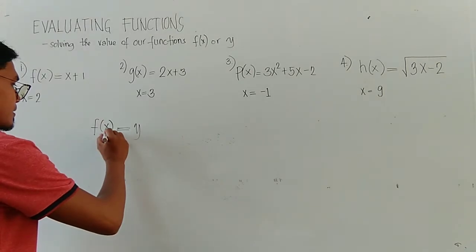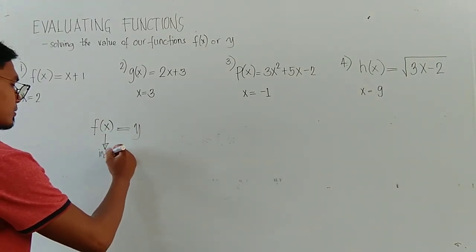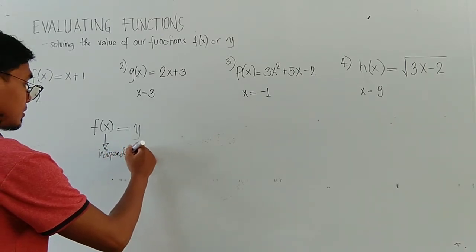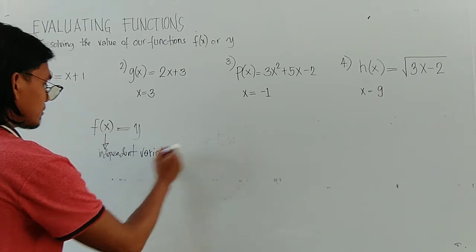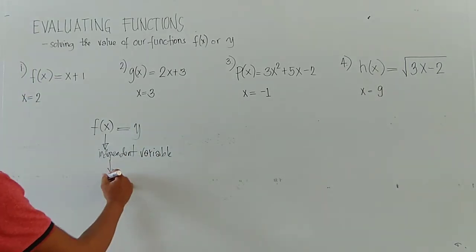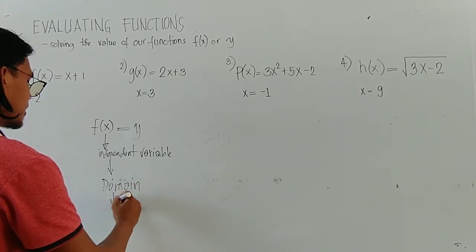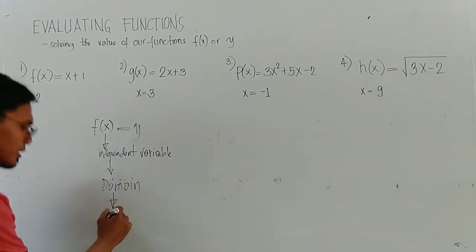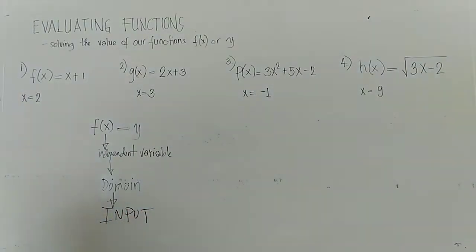Okay, because x, or your domain, or your independent variable, so this is your independent variable, or let's say the domain, or in some cases it is known as the input of the function.